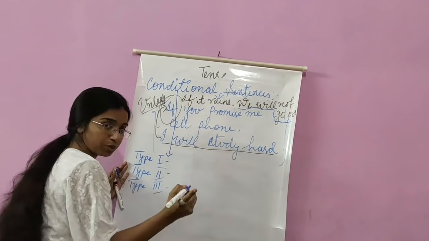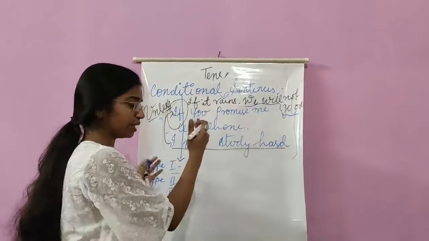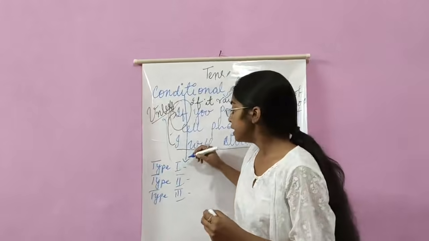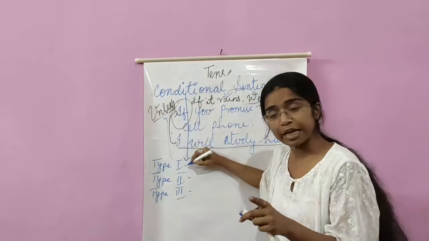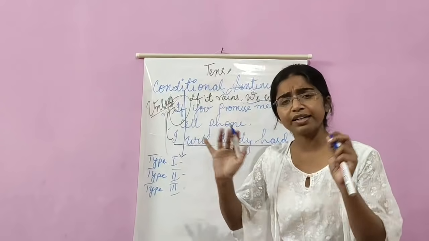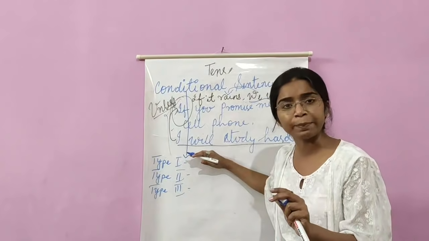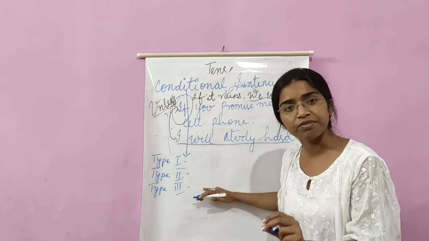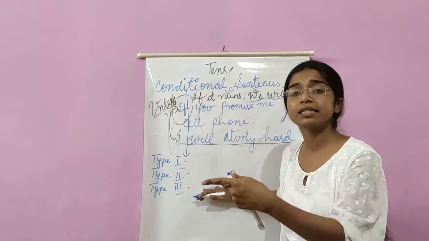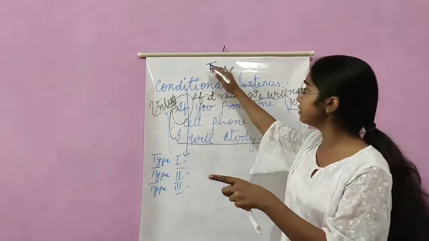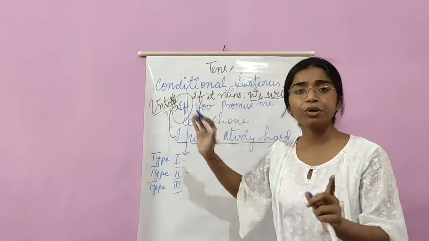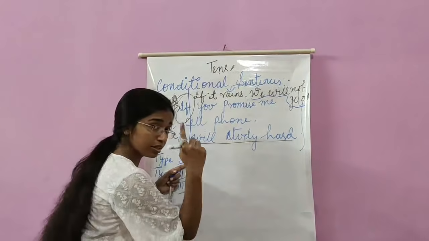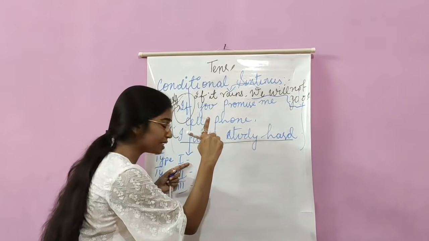Now when I told you about simple present tense, we discussed type 1, not in that detail, but I gave you a hint about type 1. I'll just tell you the format of all the three types, write it down somewhere. In the upcoming sessions, when we are discussing this chapter in detail, you will be requiring it. Okay. Now type 1 is, remember we did it in present tense.